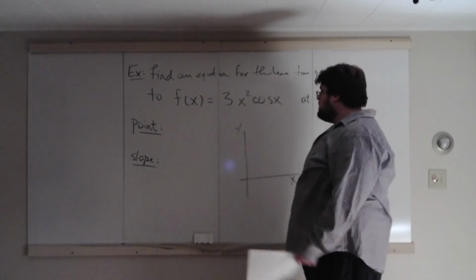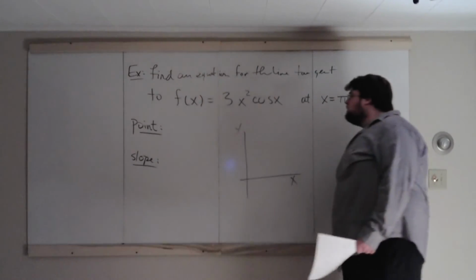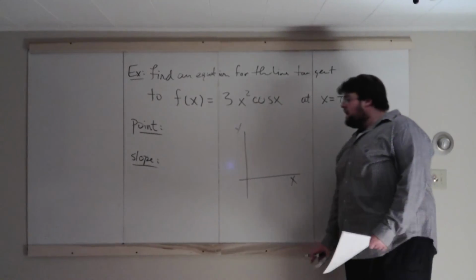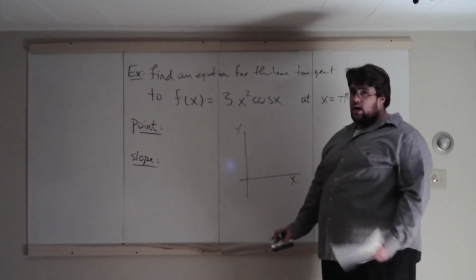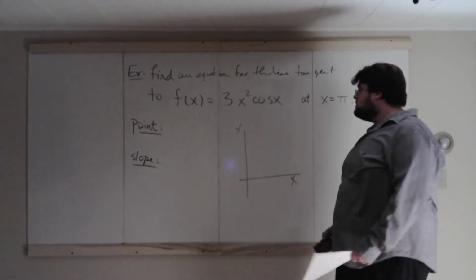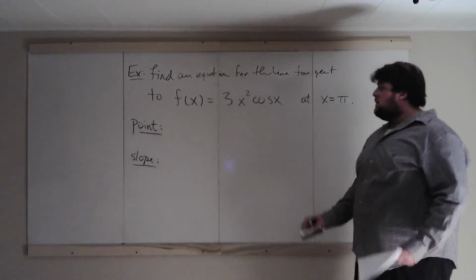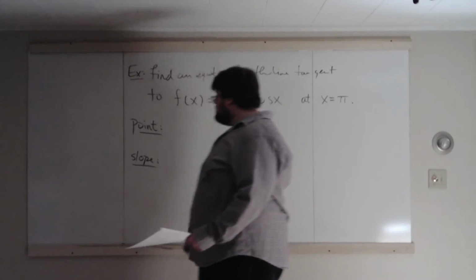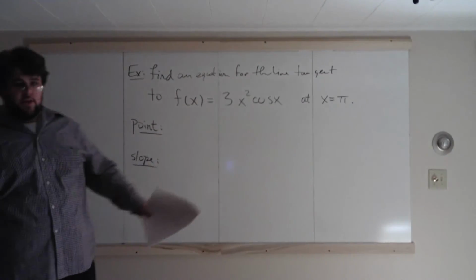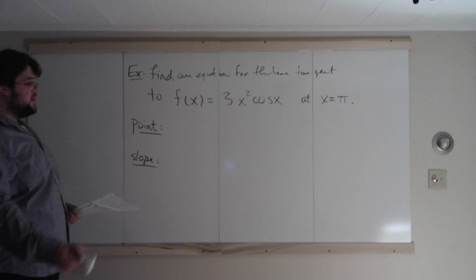Calc 3 adds a third dimension to that toward the beginning of the course. And lines in Calc 3 are much more complicated than lines in Calc 1 and lines in algebra. But if you always keep in mind that all you need is a point and a slope, it will make finding an equation for a line much, much easier.